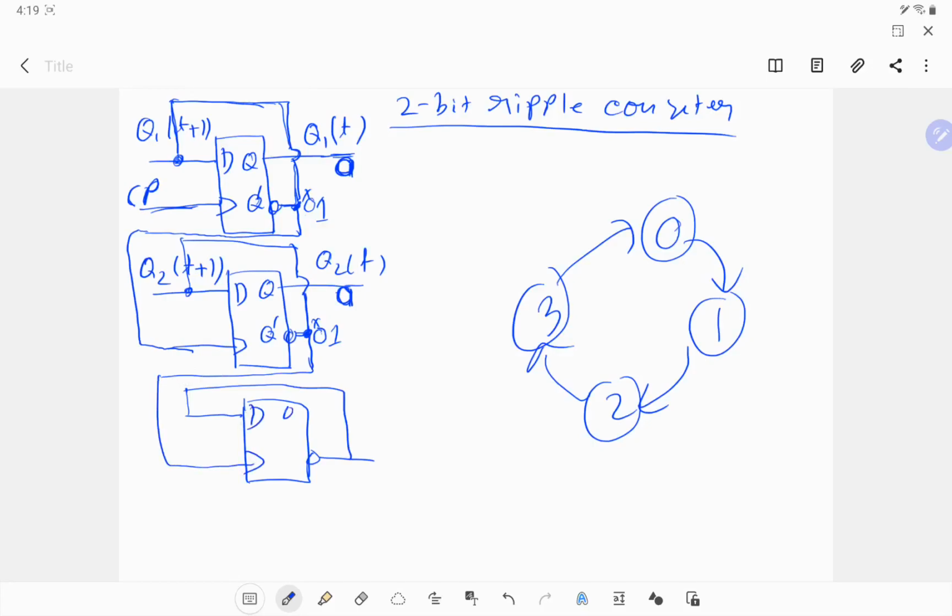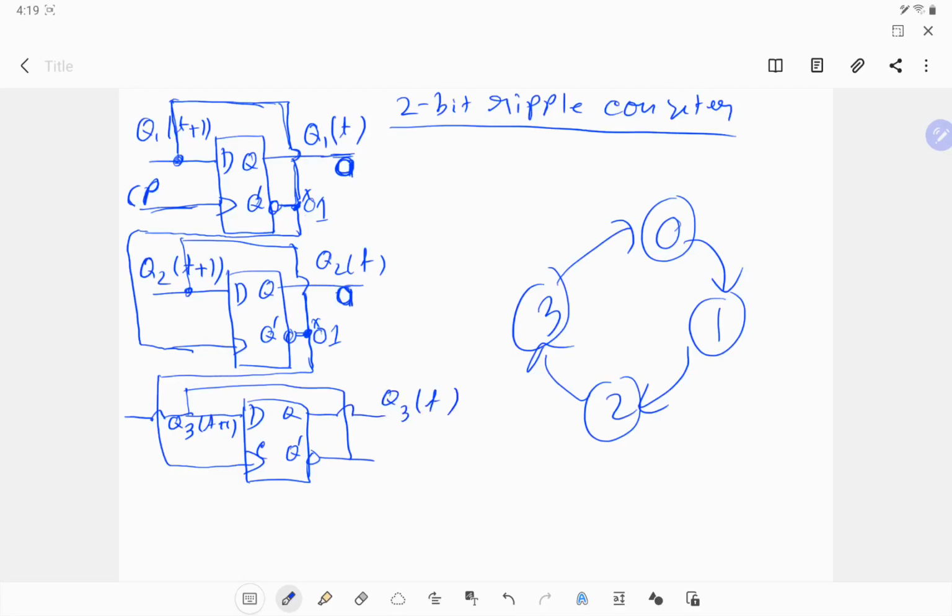So we have D, Q, C, and then Q prime. And now here, this one is Q3 at T plus 1, and that one is Q3 at T.